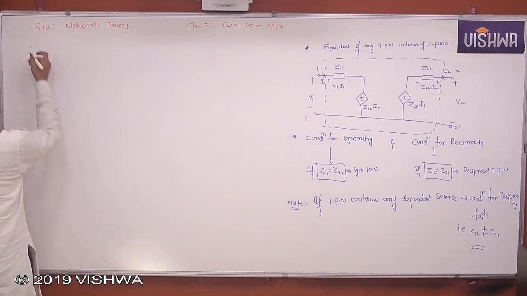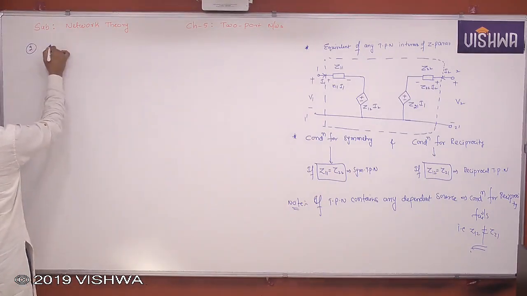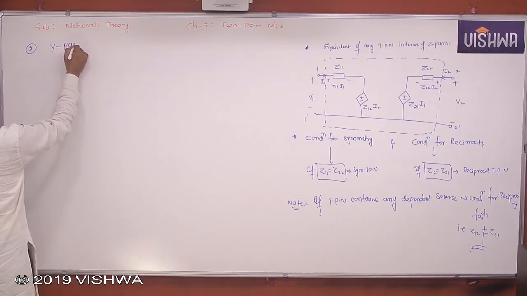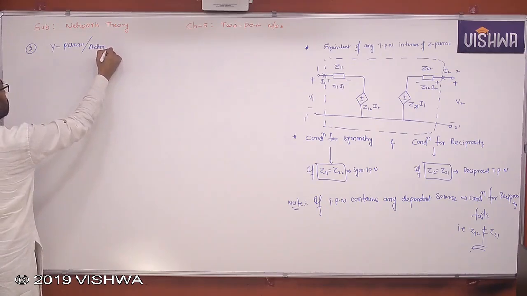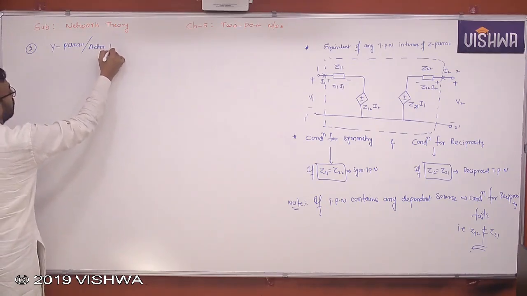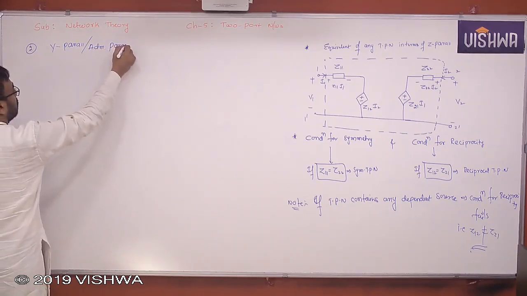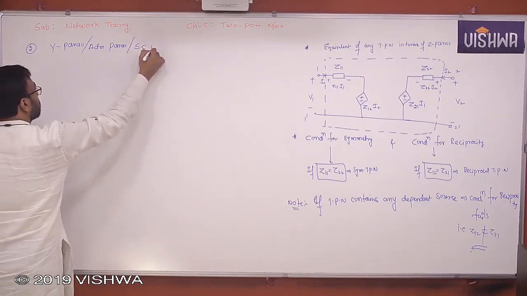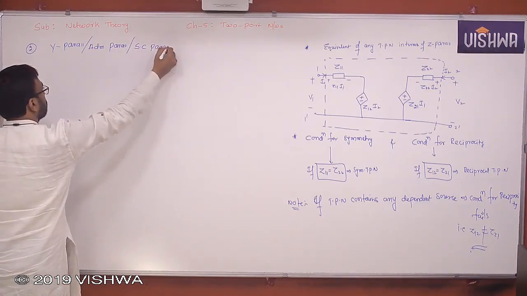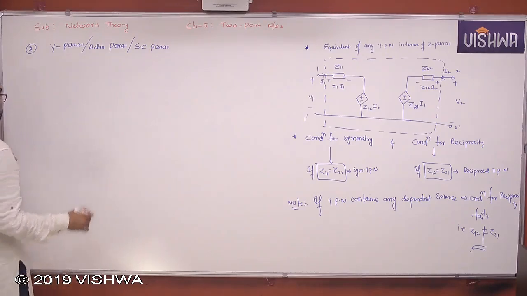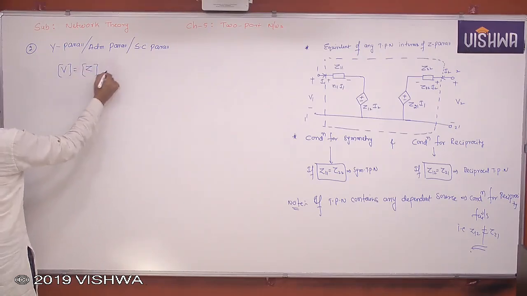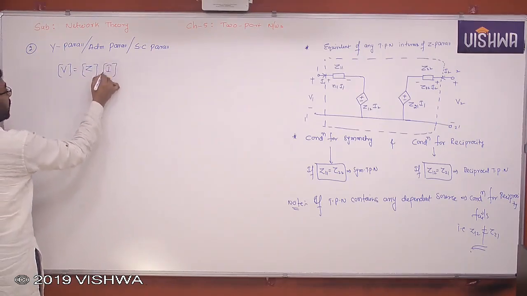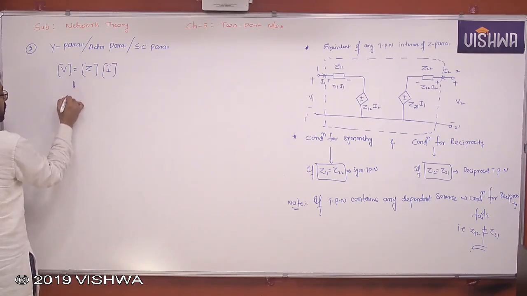So the second one is Y parameters, admittance parameters, also called short circuit parameters. V is equal to Z into I. This we have seen already in the case of impedance parameters.